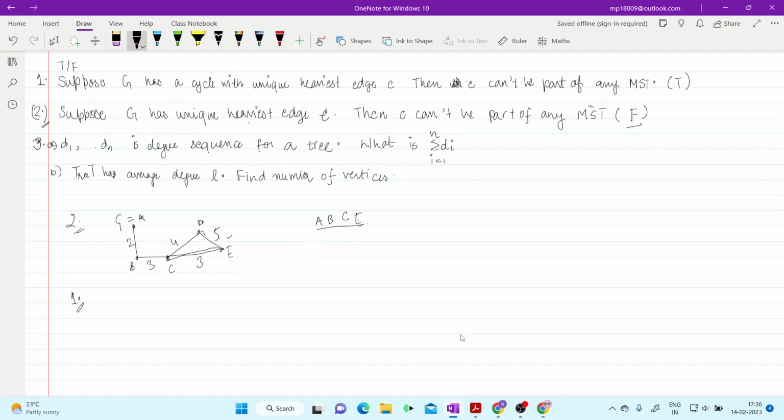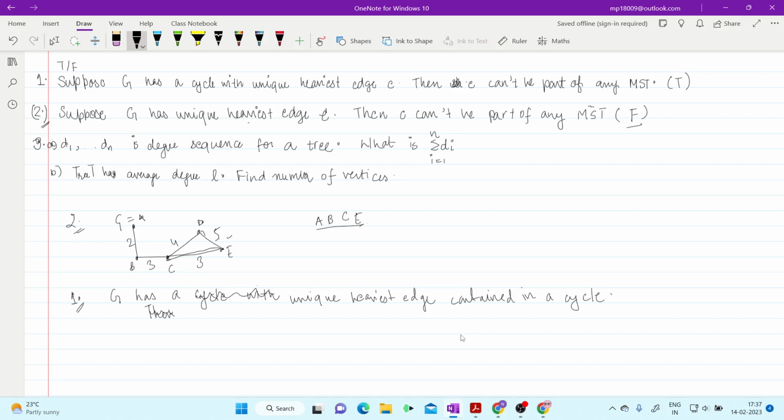Now we want to prove this. Suppose G has a unique heaviest edge E contained in a cycle. Then the claim is that E cannot be a part of a minimal spanning tree.